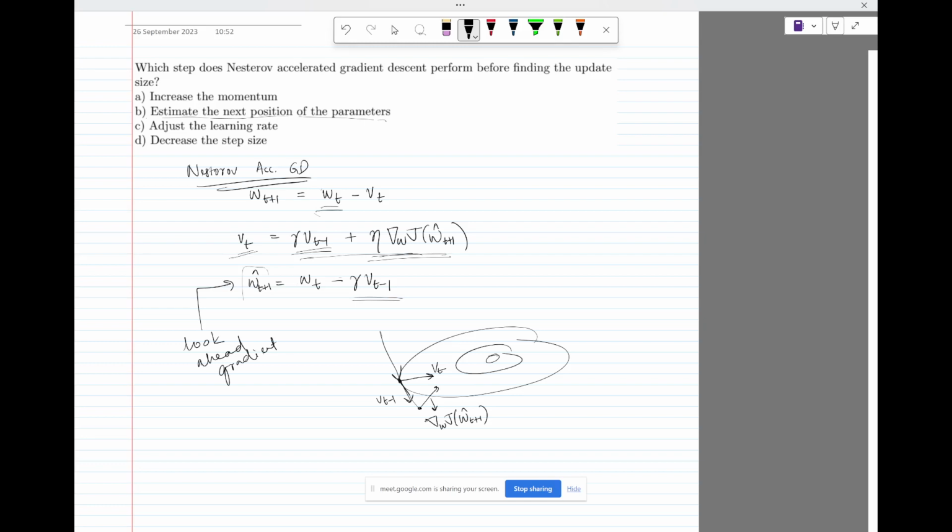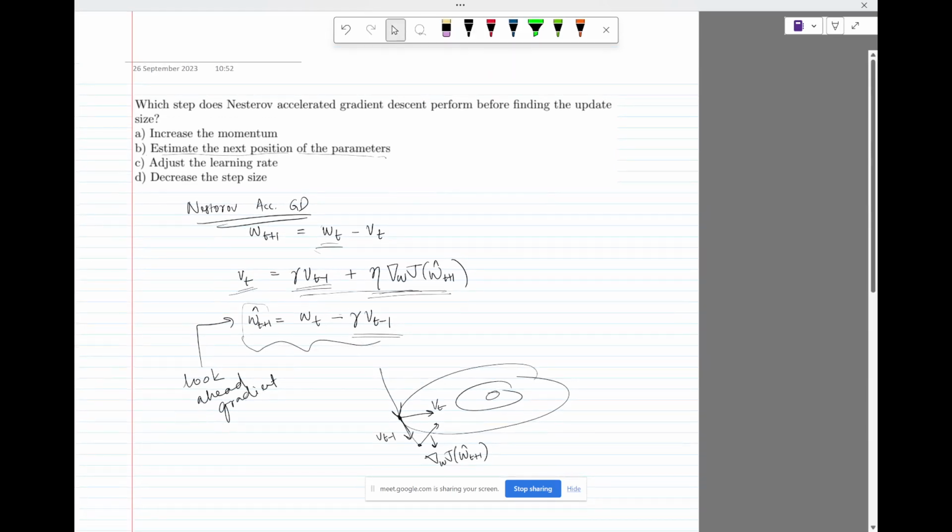You are estimating the next position of parameters via this step, the look ahead gradient step. So any doubts in this part?